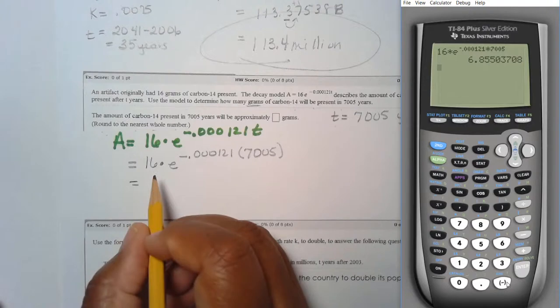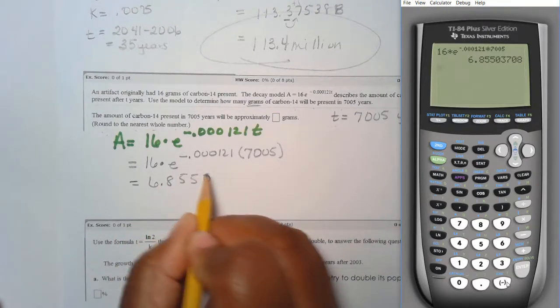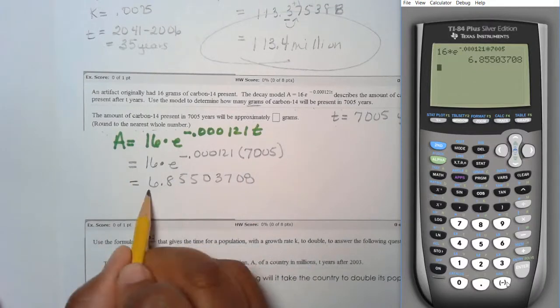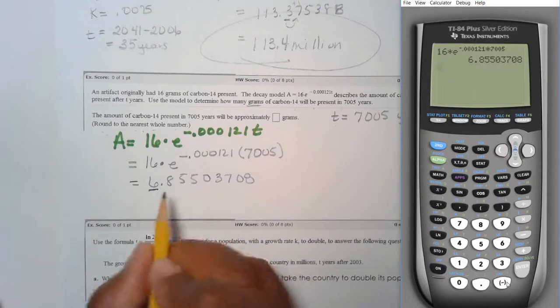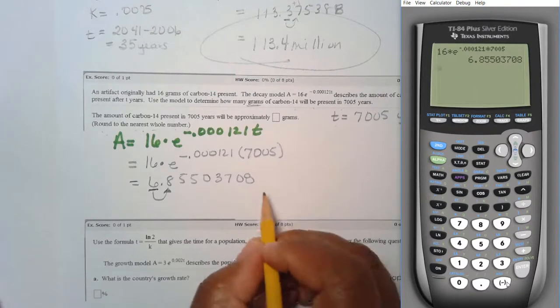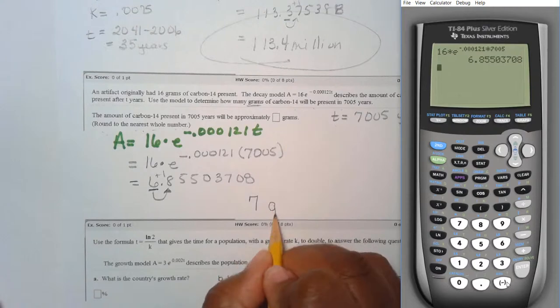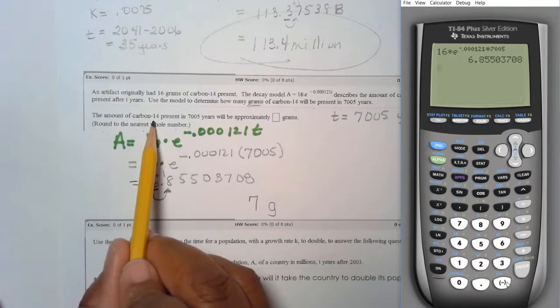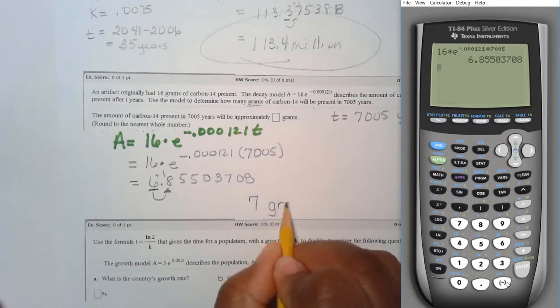So we have here 6.85503708, and we want to round to the nearest whole number. So let's look at the 6. Okay, look to your right. 8 is greater than 5. Therefore, we're going to add 1 to the 6. So we have 7. So the amount of carbon-14 present in 7,005 years will be approximately 7 grams.